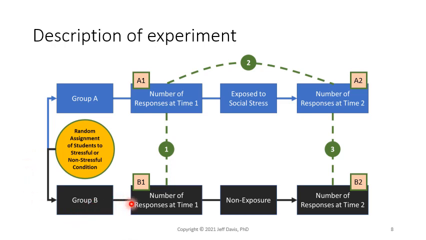If we've done the random assignment correctly, what we should see is that when we ask these people in a classroom setting some difficult questions, and then we count the number of times these folks responded to the questions, they should look a whole lot like this group here.